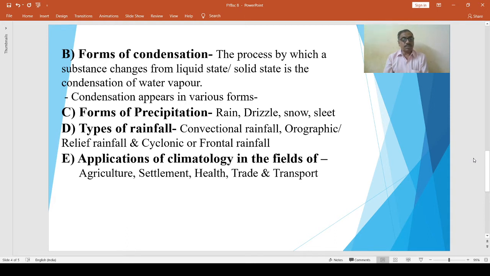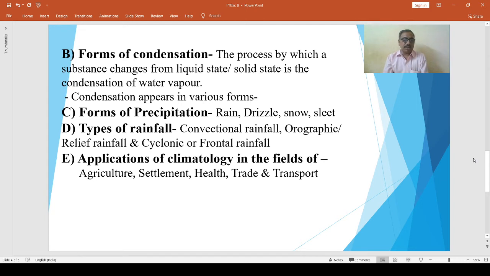Then clouds. Clouds refers to a mass of small water drops or ice crystals that are formed by the condensation of water vapor in the atmosphere. Clouds are the source of all precipitation. Then types of clouds. Clouds can be classified according to their basic forms and average height of the cloud base.